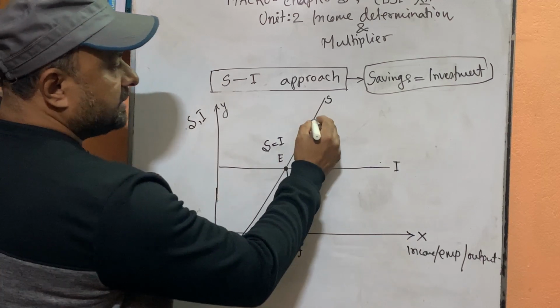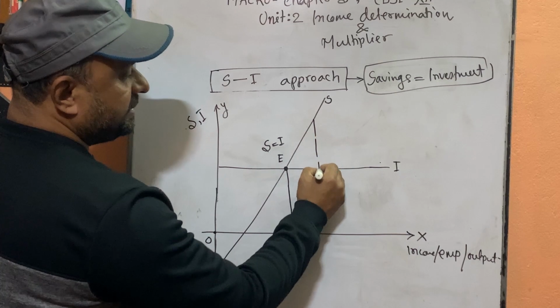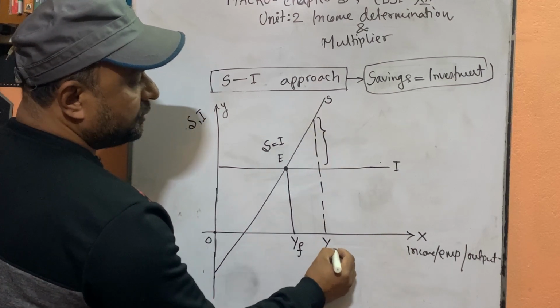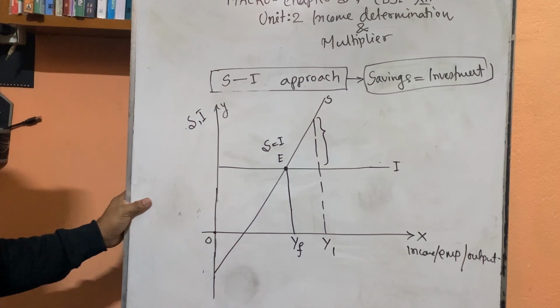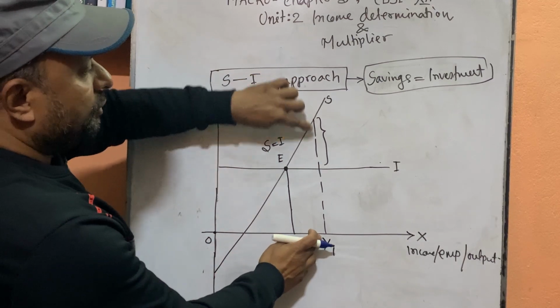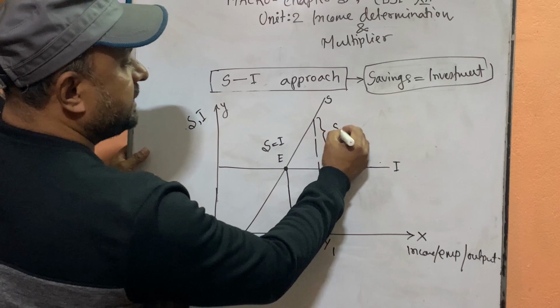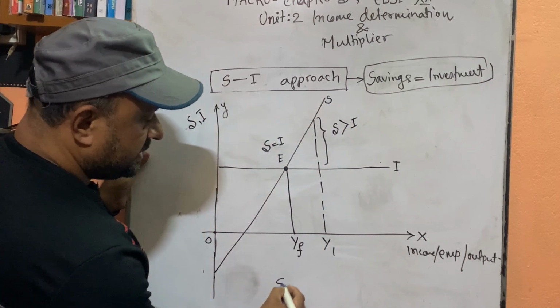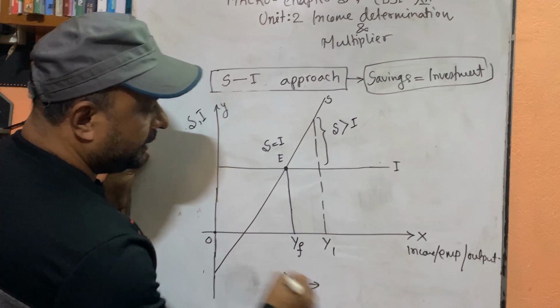Now, just like earlier, if savings is more than investment, suppose at that level the country is producing more than the equilibrium, then you see savings is more, investment is less. S is more than I. Now if savings is more than investment, what happens?